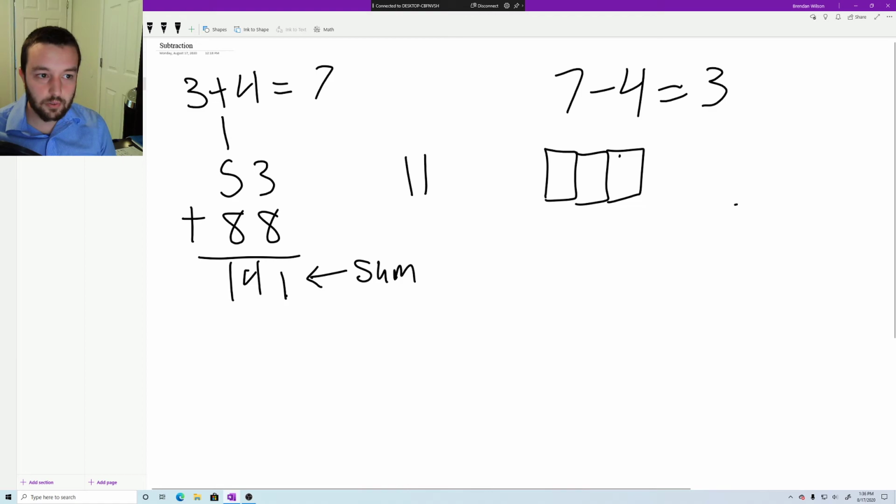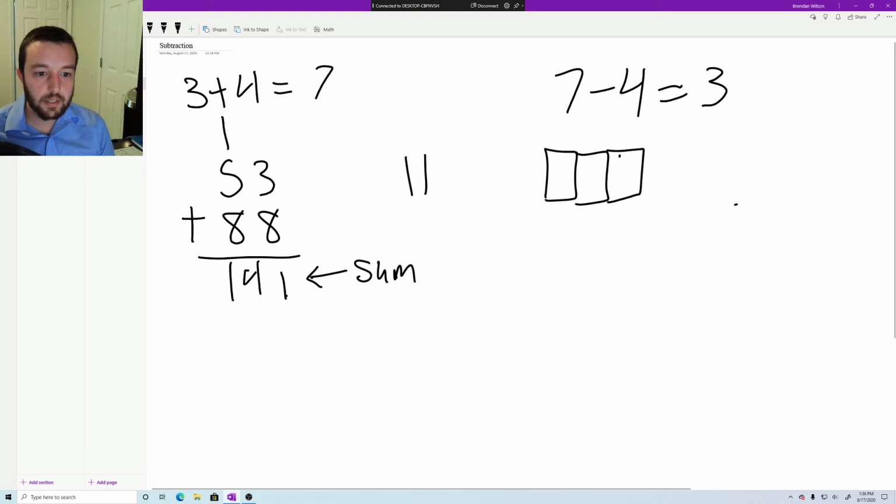But the reason that 3 plus 4 equals 7 implies that 7 minus 4 is equal to 3 is kind of like algebra in disguise, like linear equations. It's because addition and subtraction are kind of opposites of each other. They're inverses, meaning subtraction is how we undo what we did with addition, right?